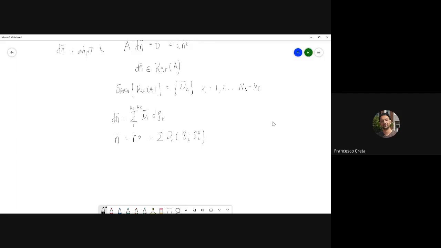So you can also see that n minus n0 is a linear combination of your basis vectors, which means that if I now apply A to this vector, by definition, I have A applied to a basis of the kernel of A, which by definition is 0, right?